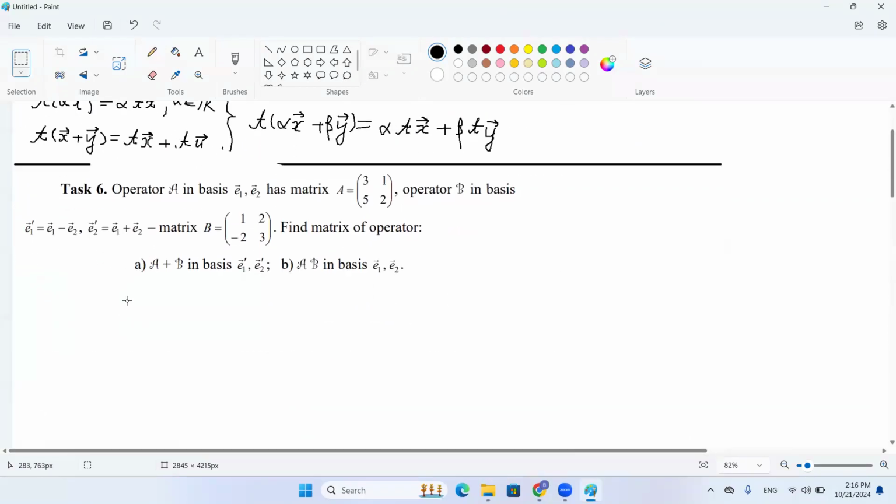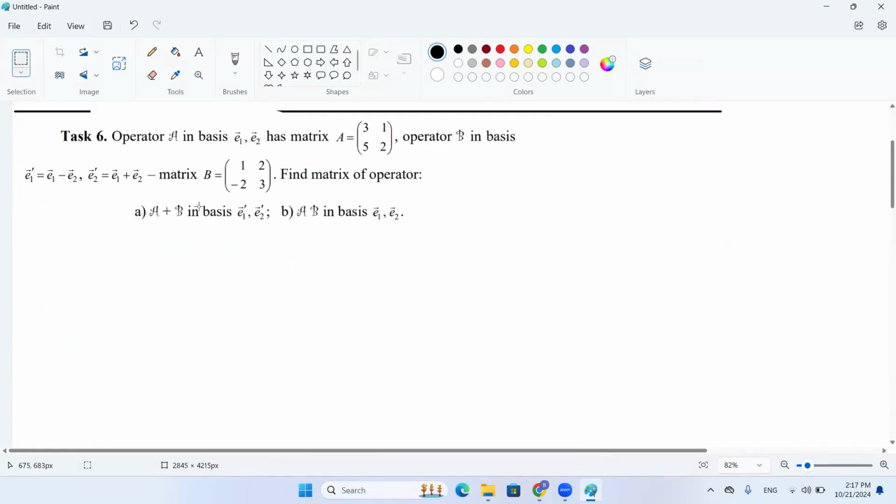So what do we have? Operator A in basis E1, E2, and operator B in basis E1 prime, E2 prime. So one operator is defined in one basis and the other operator in another basis.